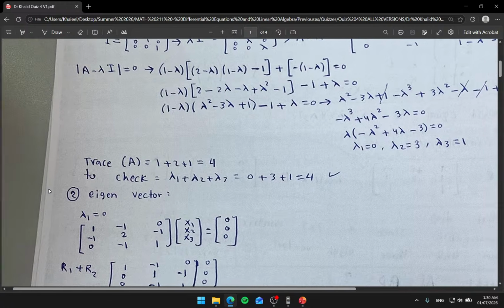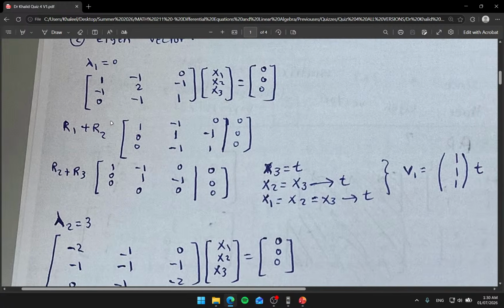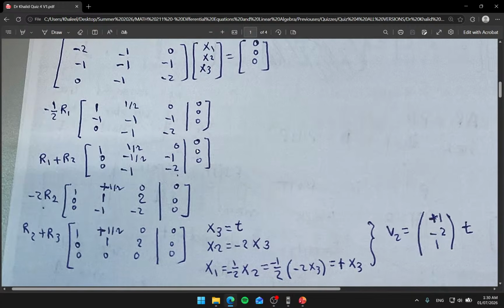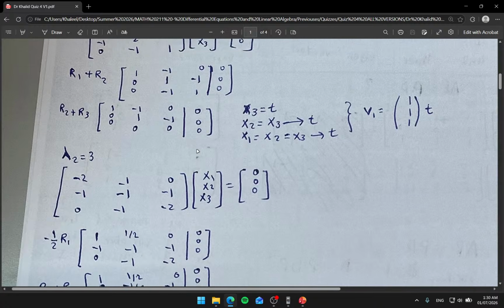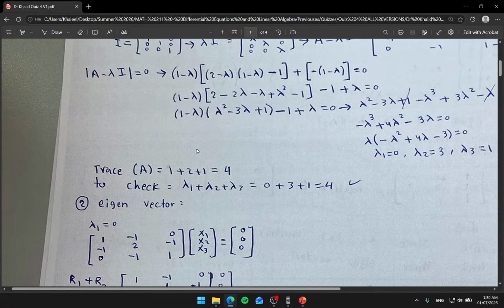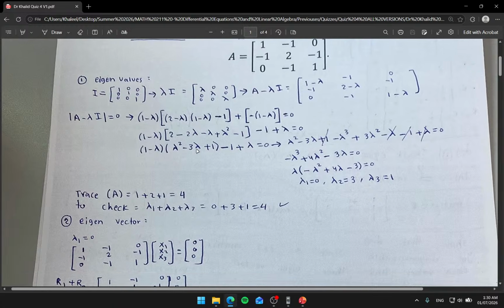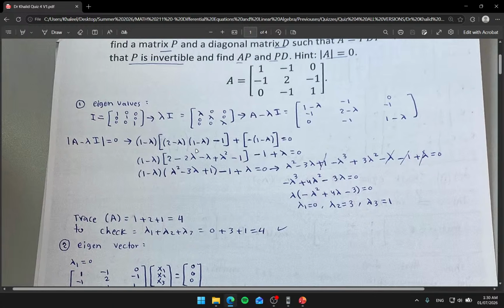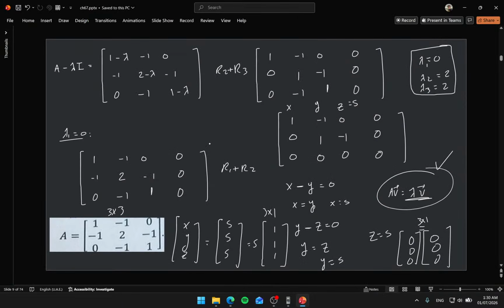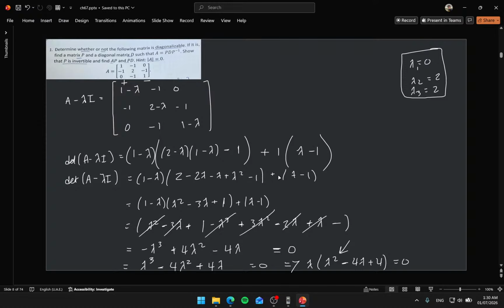Let's see. Eigenvector equals 0. Okay, cool. We got 1, 1, 1. Oh, we got something else. Wait, hold up a second. I was solving... What? No, how? Okay, that's cool. 1, -4, 4.